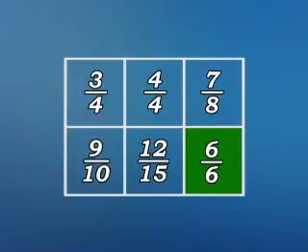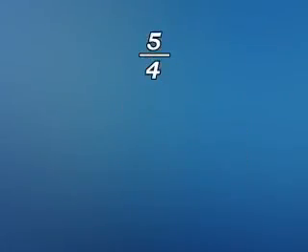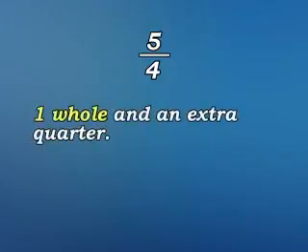Get it? Now sometimes you may have 5/4 and you'd write it like this, 5/4. So what do you have? You have 1 whole, that's 4/4, and an extra quarter.